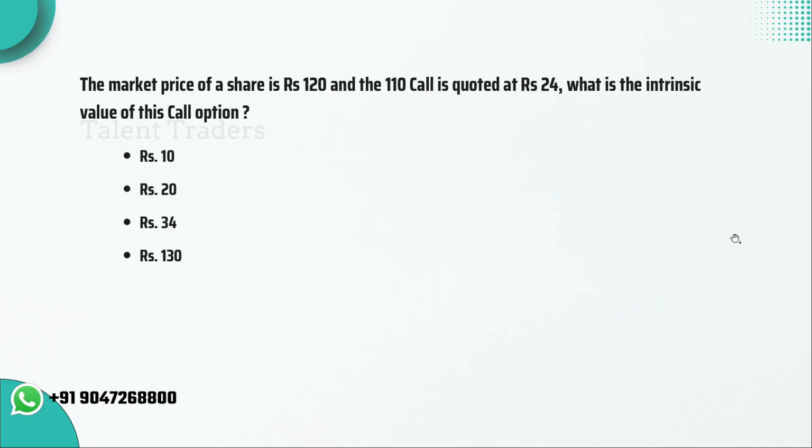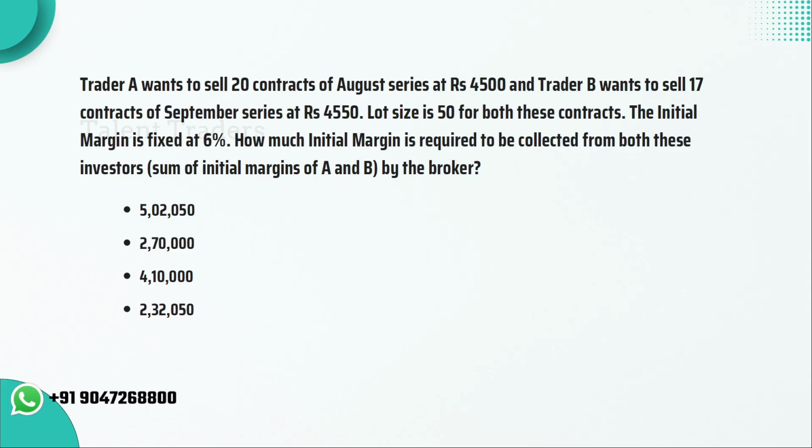So here the question is: a trader wants to take 20 contracts. We already discussed the margin. The first contract is 4,500 into the lot size of 50, and the other one is 4,550 into 50.